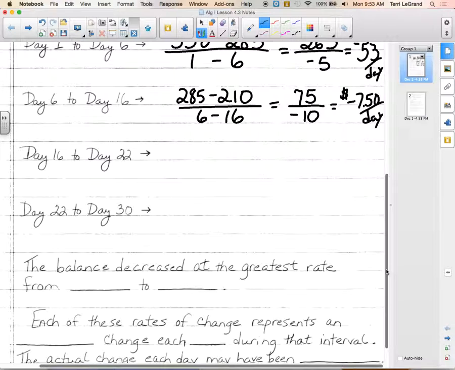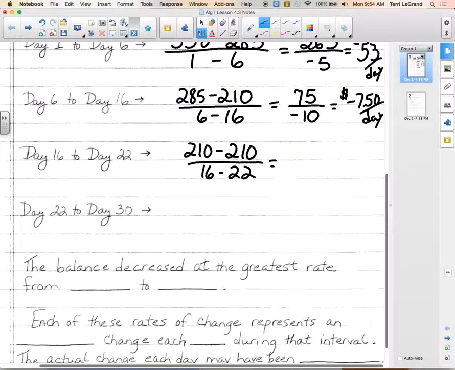Caden, what would be our subtraction problem upstairs for that one? 210 minus 210. Okay, so that's how much was in the account on both days. What would our subtraction problem be downstairs? Candace? 16 minus 22.